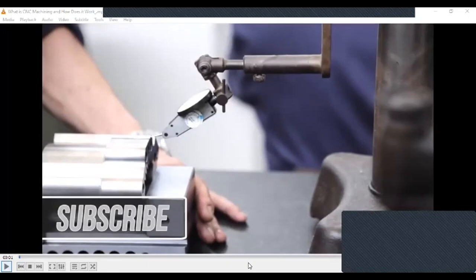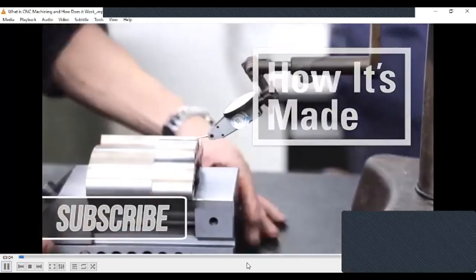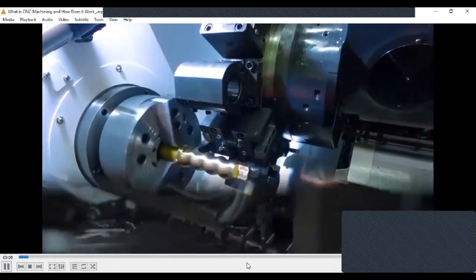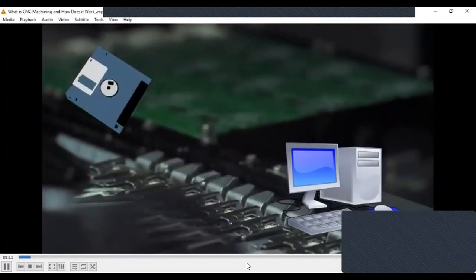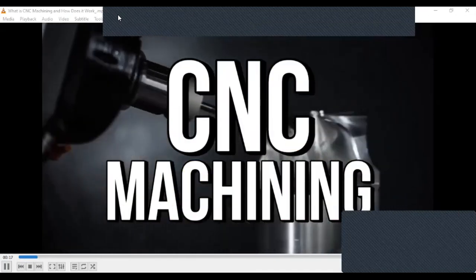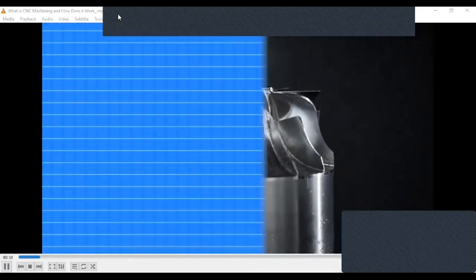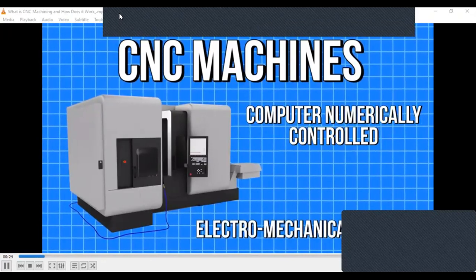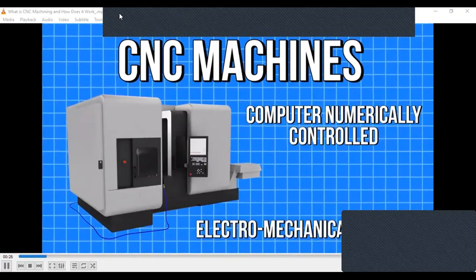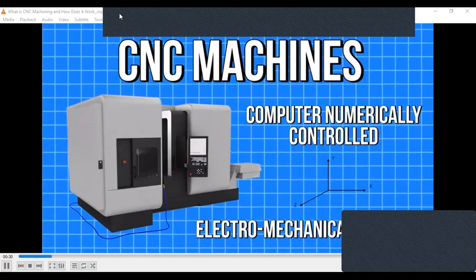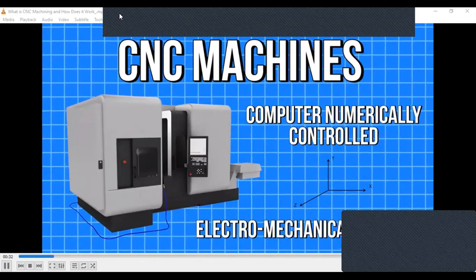If you've ever taken shop class in high school or watched an episode of How It's Made, you probably have some idea how lathes and other metalworking machines function. As technology and computers have improved over the years, a new high-precision computer-controlled manufacturing technique called CNC machining has spawned. CNC machines, or computer numerically controlled machines, are electromechanical devices that can manipulate tools around a varying number of axes, usually 3 or 5, with high precision per instruction from a computer program.